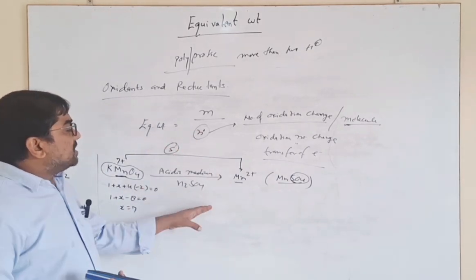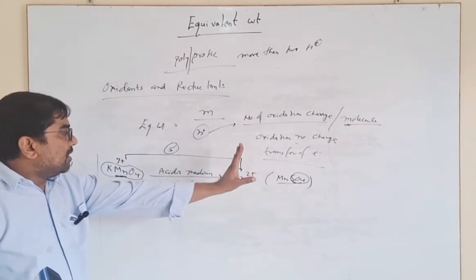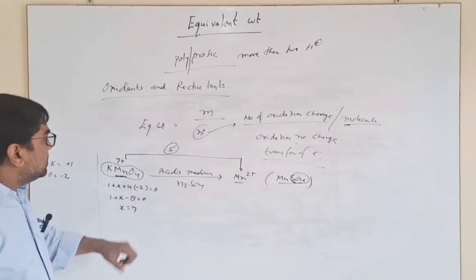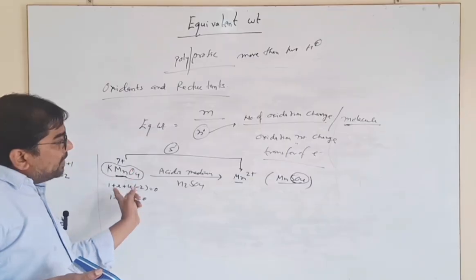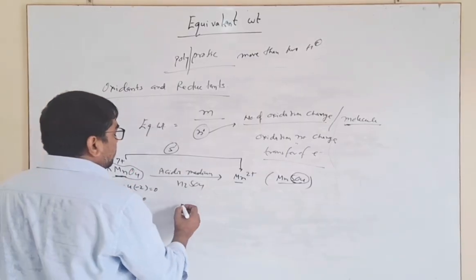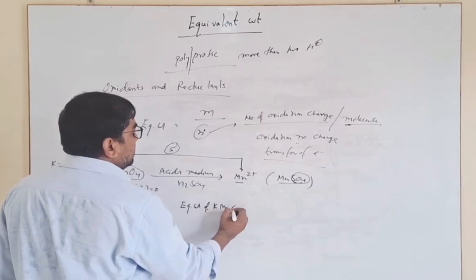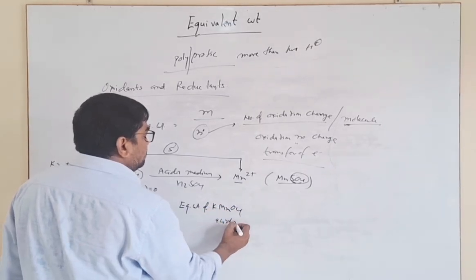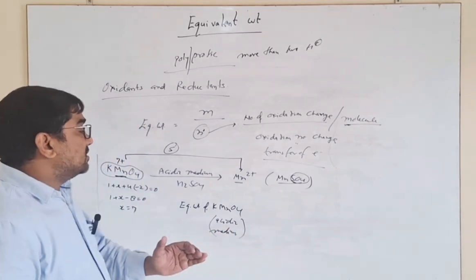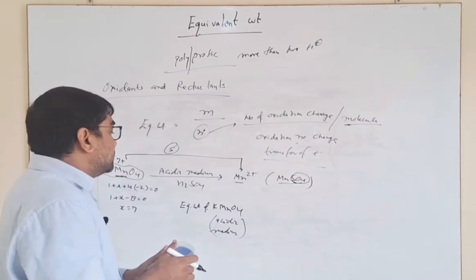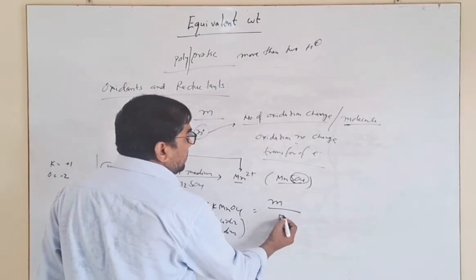So in the chemical change from potassium permanganate to manganese sulfate in acidic medium, since the change in oxidation number of manganese per molecule is 5, therefore the equivalent weight of potassium permanganate in acidic medium, as we have discussed already that equivalent weight changes as per the change in the condition of a reaction, will be the molecular weight of KMnO4 divided by 5.